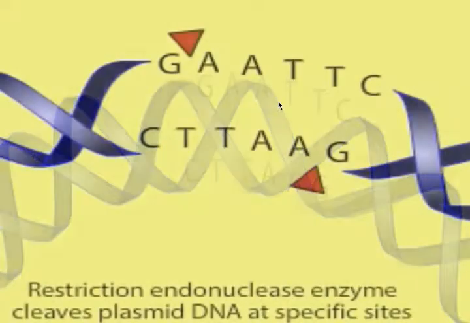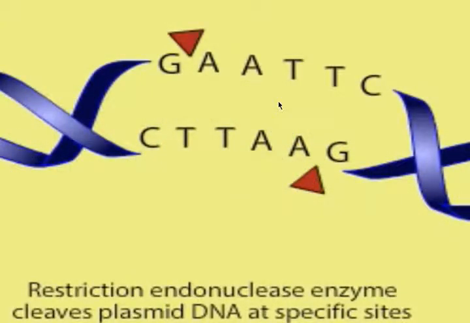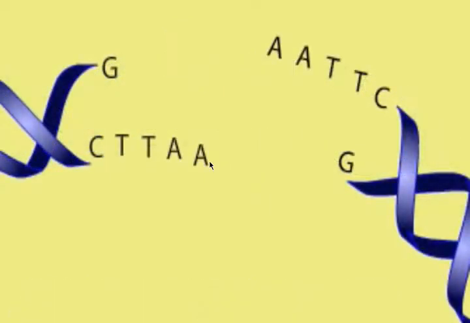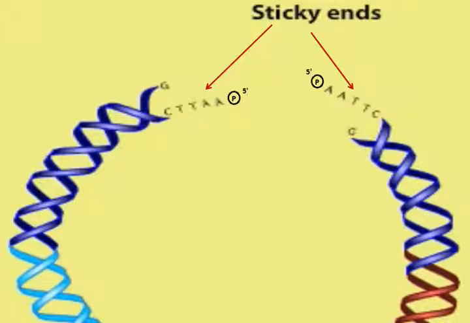Once the palindromic sequence is identified, the phosphodiester bonds between the guanine and adenine in the opposite strand and guanine and adenine in the forward strand are cleaved, and then the DNA is separated, and after separation of the DNA the sticky ends are formed.